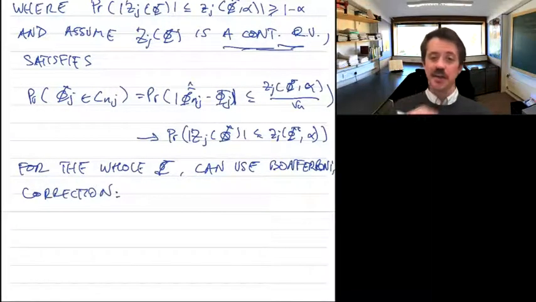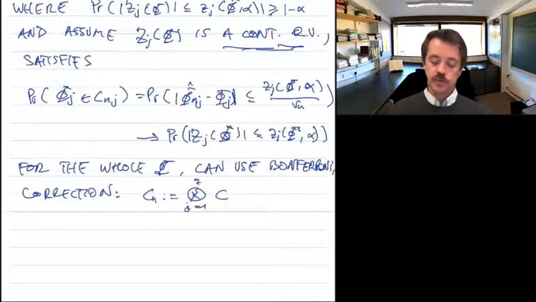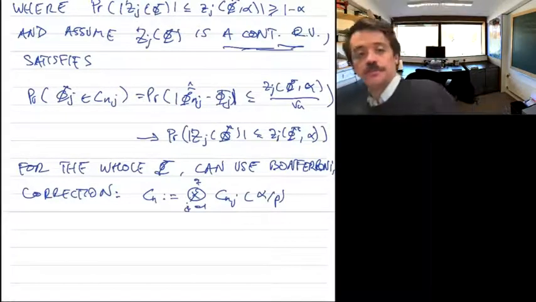So what do we take? We take C_n for the whole parameter to be the product, from j equals 1 to q, of these C_n,j's at each alpha, but the correction comes precisely from dividing this alpha.